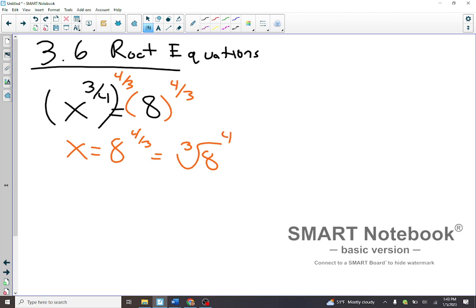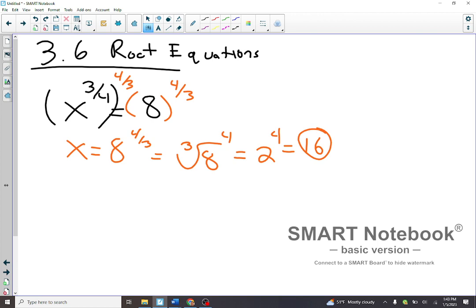By the way, you have a calculator the whole time, so you can type in 8 to the power of 4 divided by 3. So then the cube root of 8 is 2. 2 to the 4th is 16.